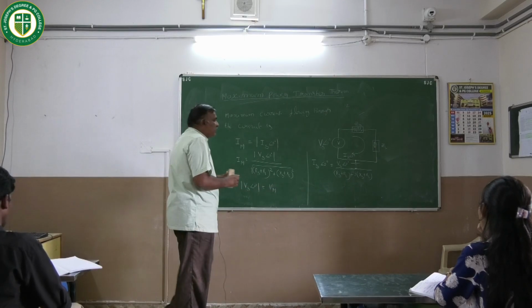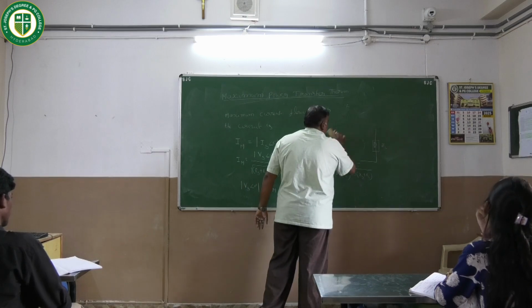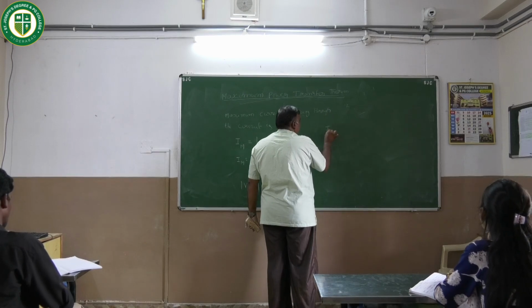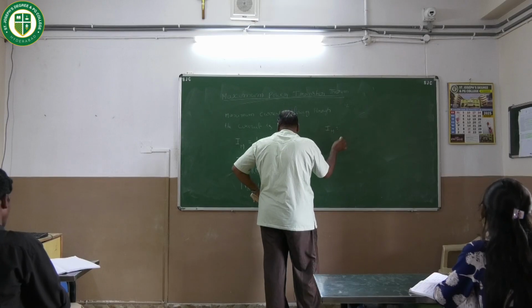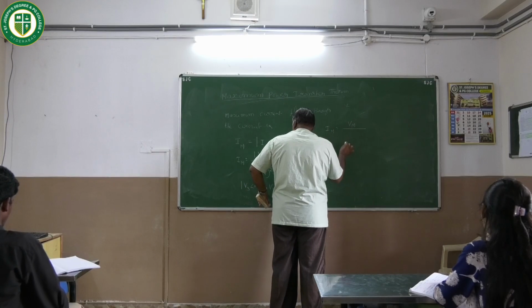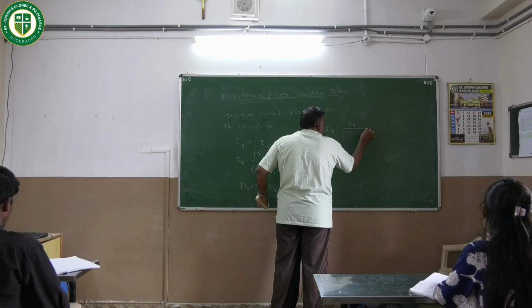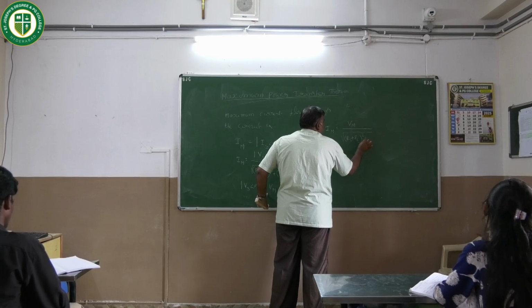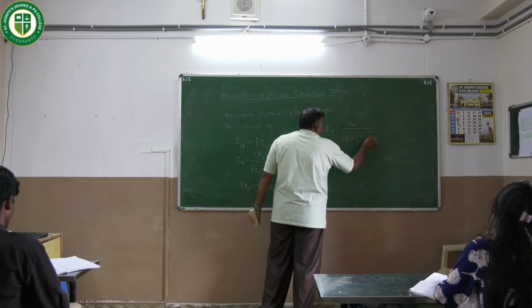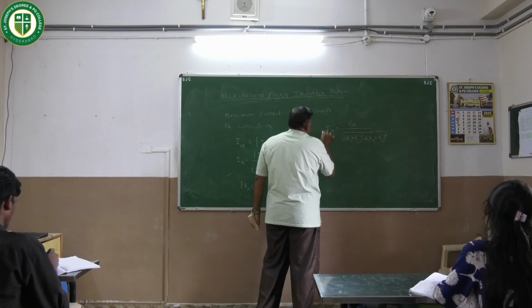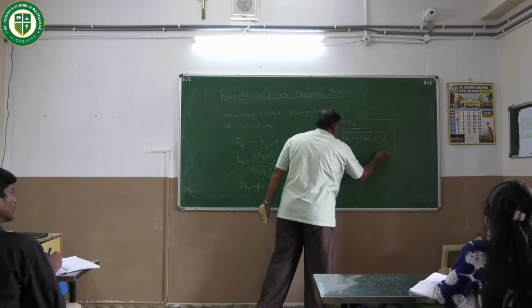So I can write my expression as Im is equal to Vm by square root of Rs plus RL whole square plus Xs plus XL whole square. Is it clear, class?